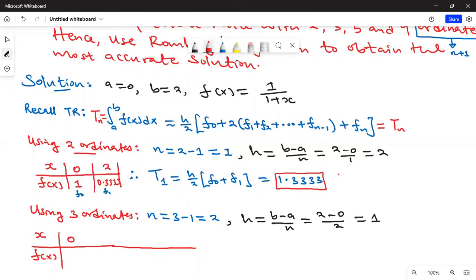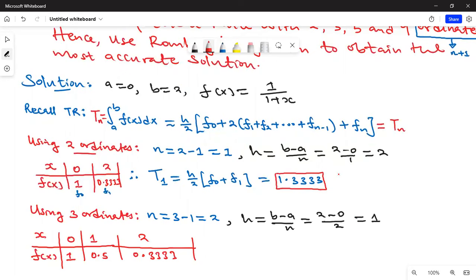So when x is 0, the result is 1 for f of 0. Add 1, that's the step size, so we go to 1. When x is 1, what will be our f of 1? That will be 0.5. And finally, when we add 1, we go to 2, that will give you 0.3333.